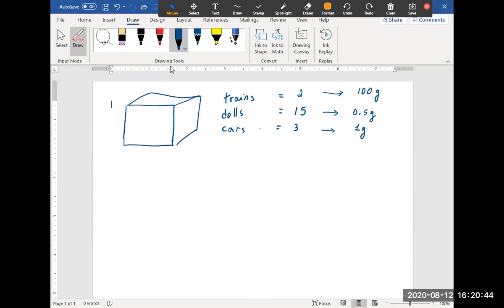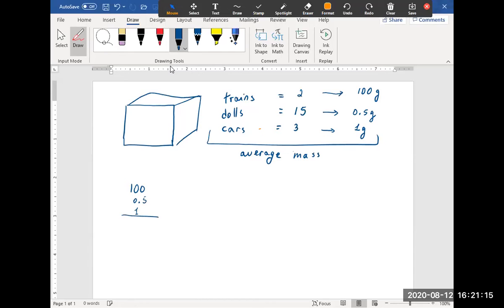I want to know the average mass of this type of things, okay? So how would I do it? Okay, I cannot just take 100 and 0.5 and 1 and add them up. If I would do that, if I would not know any better, I would take 100, I will take 0.5, and I will take 1.